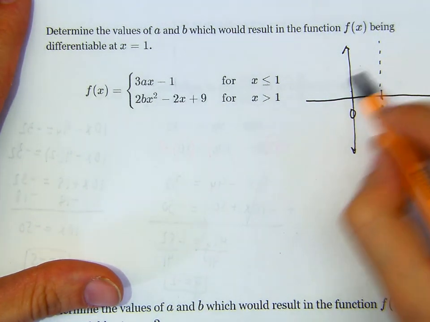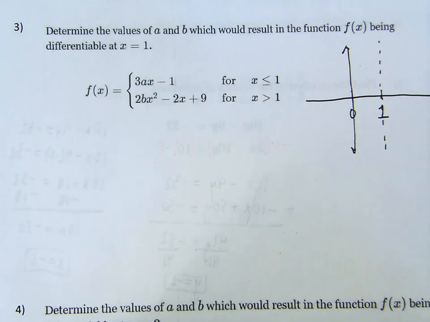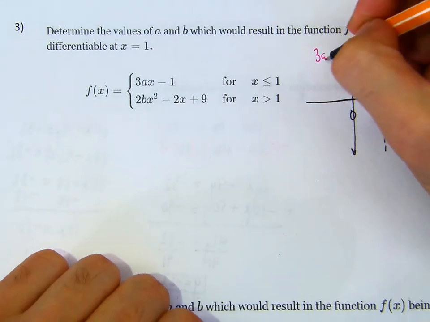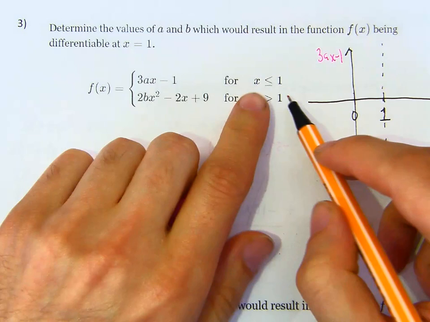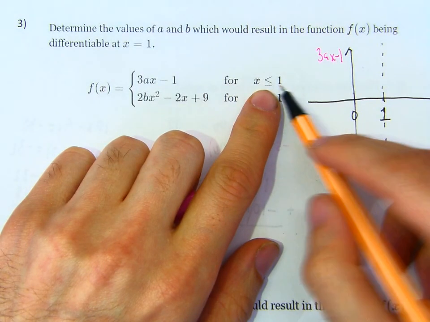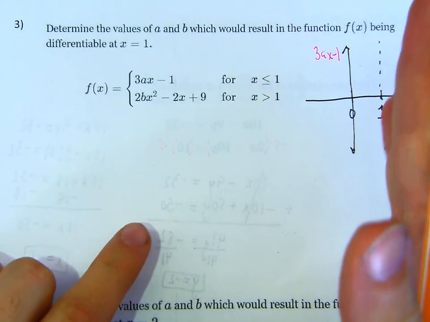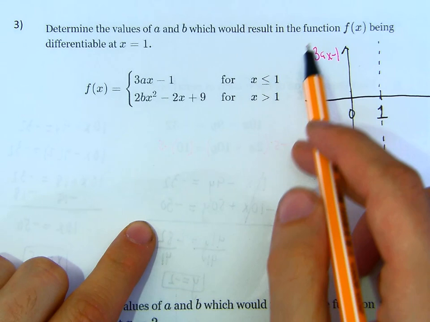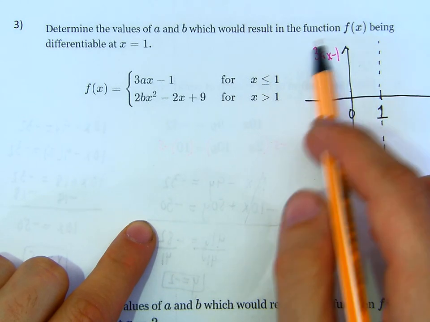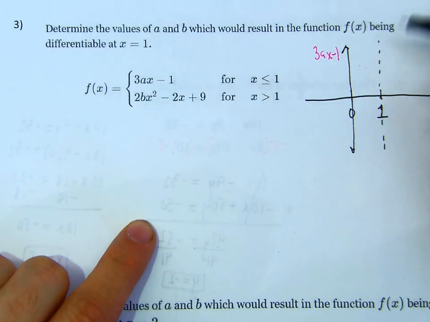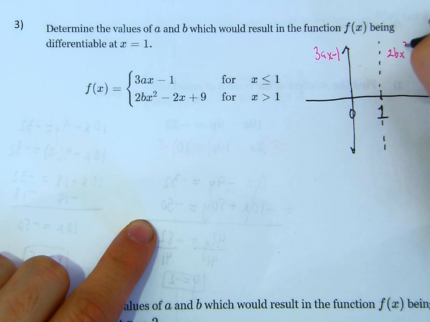For the left of 1, which function would exist? It would be 3ax minus 1, because when x is less than or equal to 1, the piecewise function uses this, and to the right of 1 you have 2bx squared minus 2x plus 9.